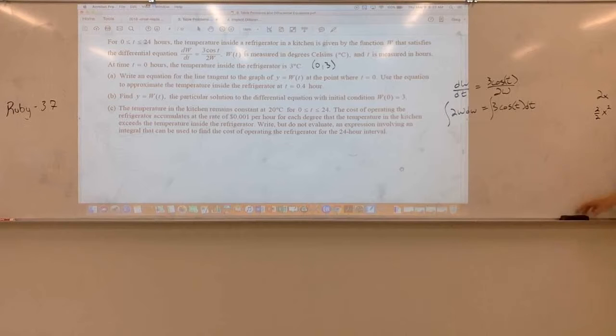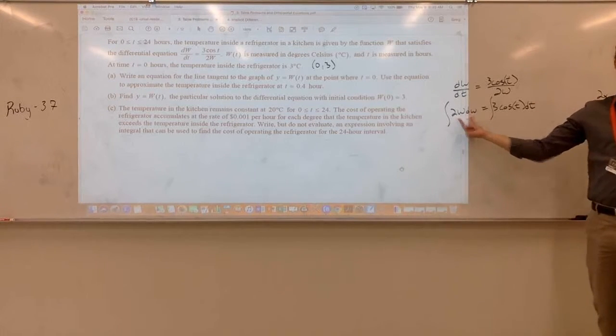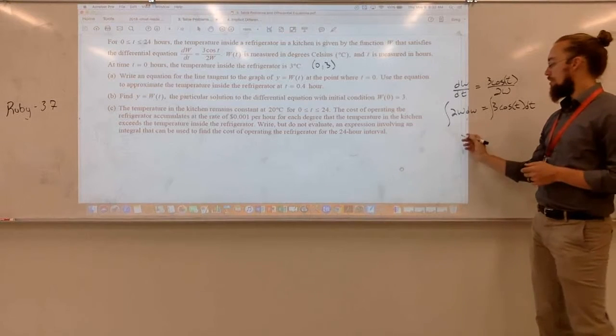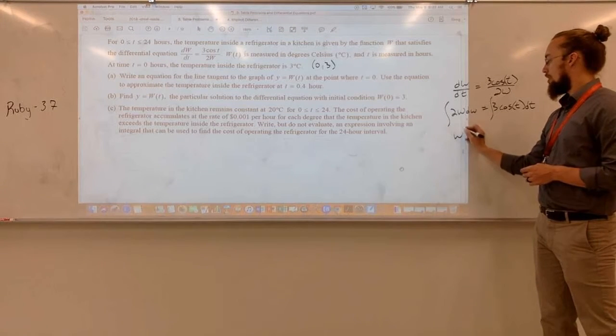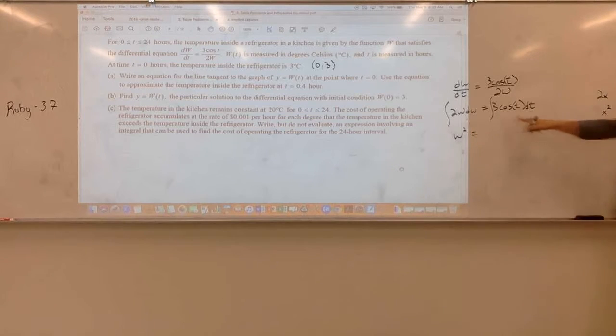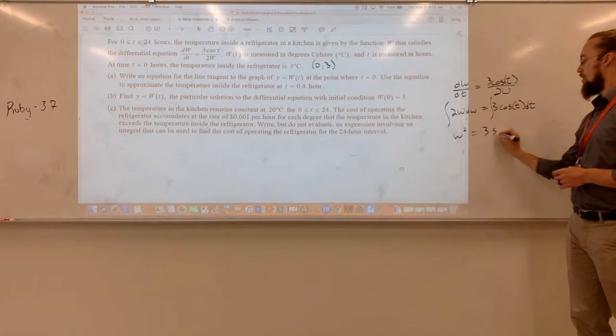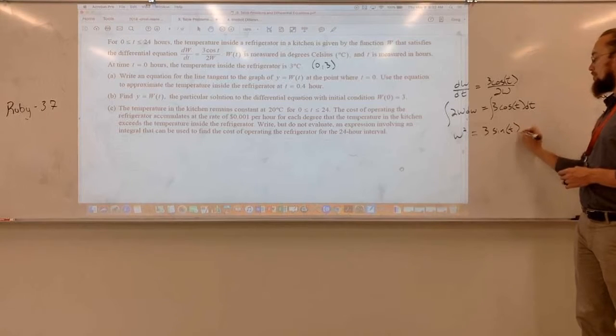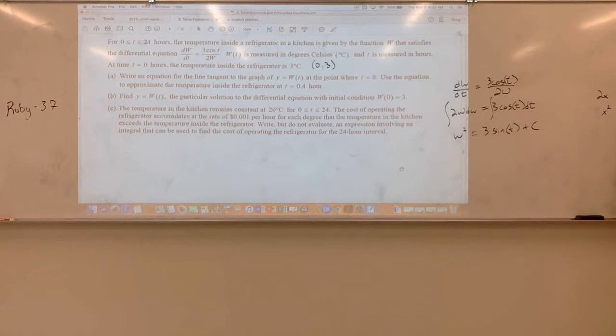So 2 over 2 would just be 1x squared, right? It's the exact same thing here. No matter what the variable is, this antiderivative would just be W squared. What about the antiderivative of 3 cosine t? 3 sine. So 3 sine of t plus C.